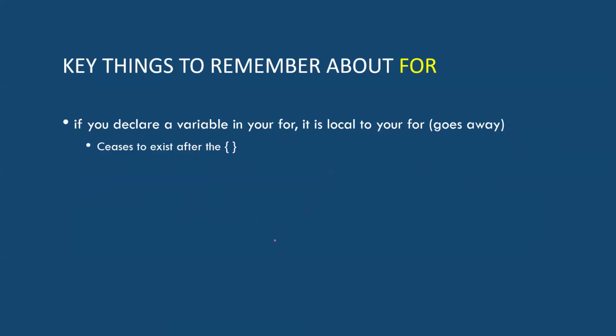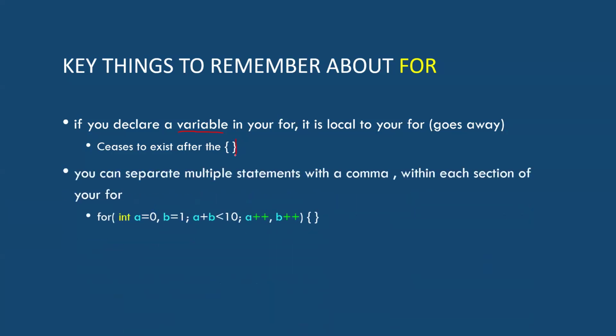But the key thing to remember is that your variable goes away after the end of the curly brace. So many of us probably remember that. So you can't use the index variable outside of the for loop. But some things you can do is you can separate things with commas here. So you can create multiple tracking index variables in the first part of your for loop.